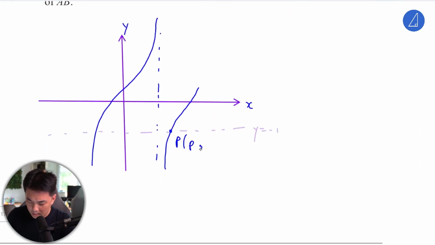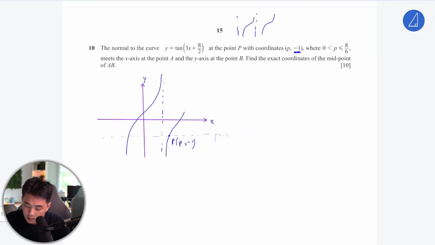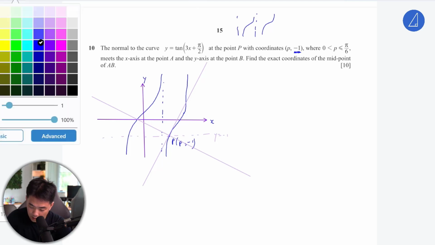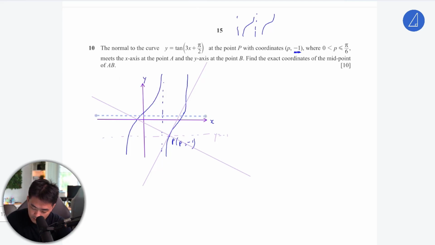P comma -1. The normal to the curve here meets the x-axis at point A, and the y-axis at point B. Okay, the normal meets there, so I'm going to draw a tangent here. Then the normal is at 90 degrees to this, right? The normal would meet, okay, maybe I just push this above.